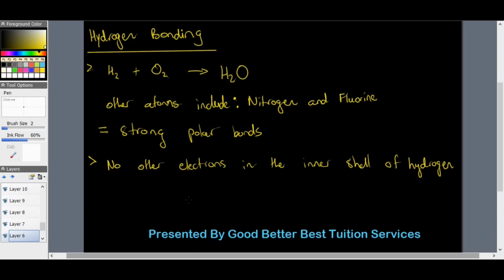The positive hydrogen nucleus is easily attracted to a lone pair on a neighboring atom. It leaves the nucleus exposed. So the hydrogen nucleus of its atom is exposed. What does that mean? It is quite easily attracted to neighboring atoms, and that attractive force is called a hydrogen bond.